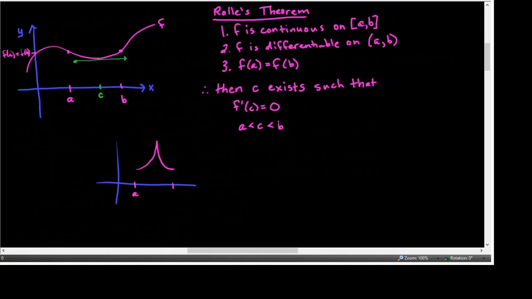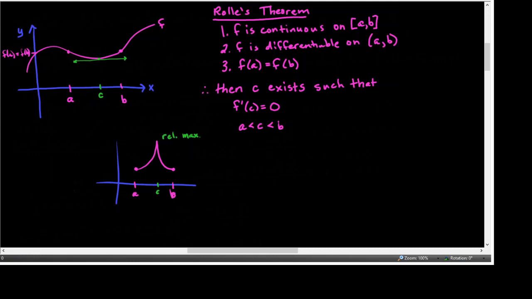And here's f of a and f of b being the same again. So this has the same y value as this does. And at this value of c, we don't have a horizontal tangent line, but we do have a place where the derivative doesn't exist. And there's a relative maximum here. That could certainly happen, but it's not guaranteed.